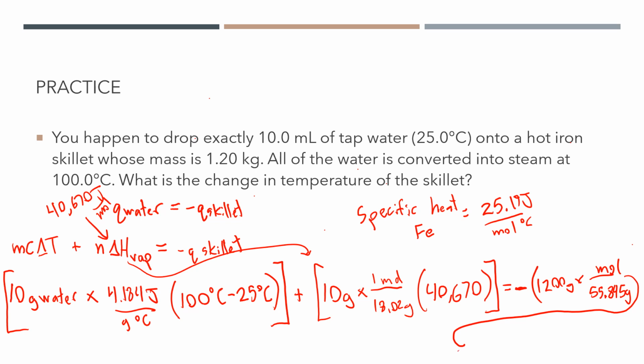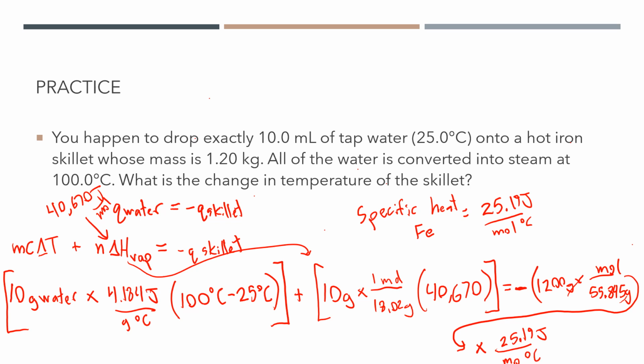There we go. Times, and then we want to go from moles to how much energy is actually produced. So we times that by our 25.19 joules divided by mole degrees Celsius.